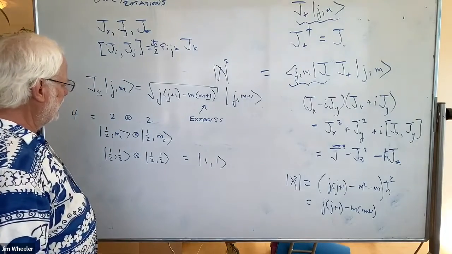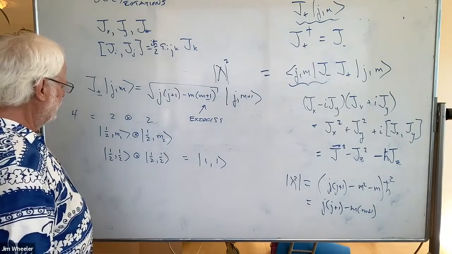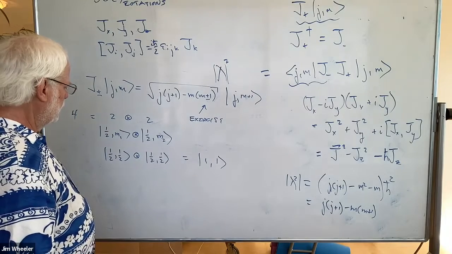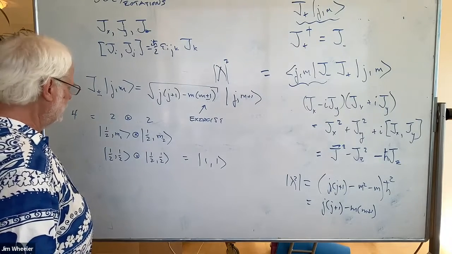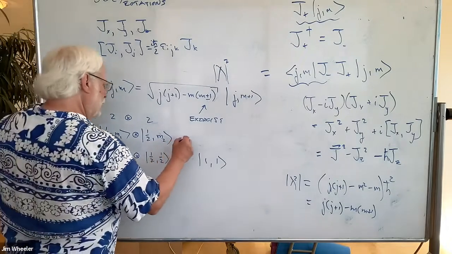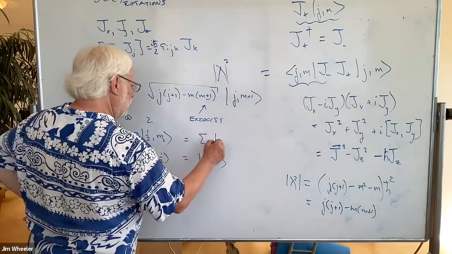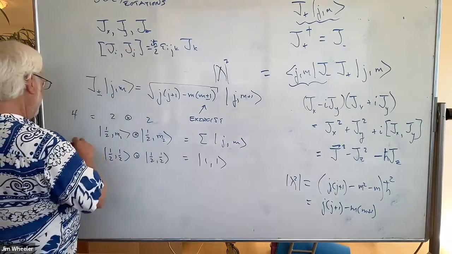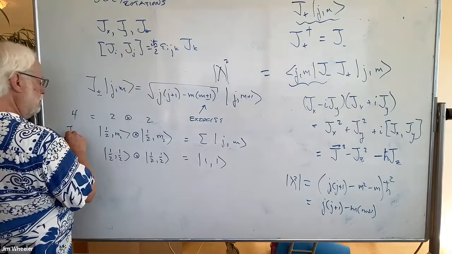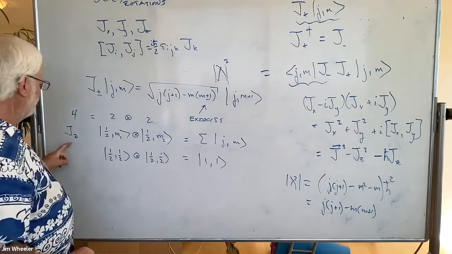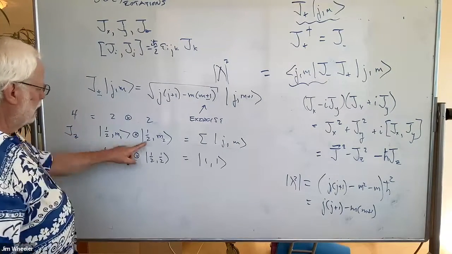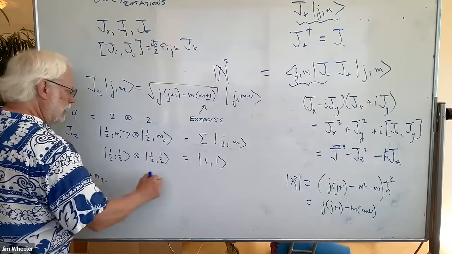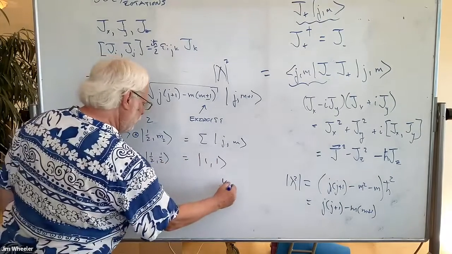it's not hard to show that the m's always have to add. If I act with Jz, this is going to be a sum of some kind of j and m states. But if I act with Jz on this, I'm going to get m1 plus m2 over here, and I'm always going to get m over here.